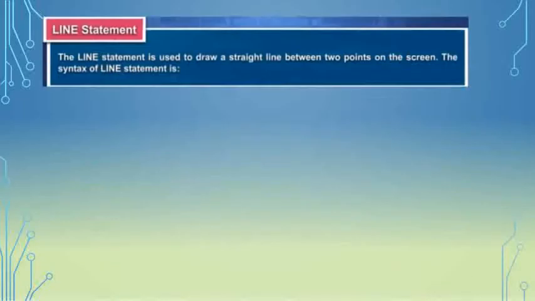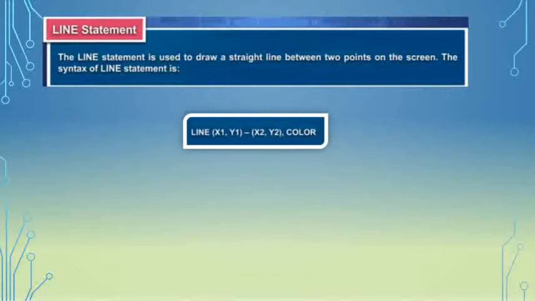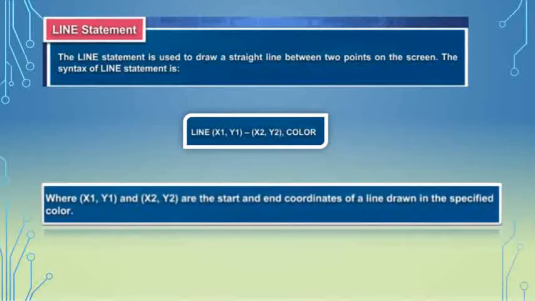Line statement. The line statement is used to draw a straight line between 2 points on the screen, and the syntax is LINE (x1, y1) - (x2, y2), color. This hyphen means 'to'. Here x1, y1 are the starting point, and x2, y2 are the end coordinates of the line that we need to draw.